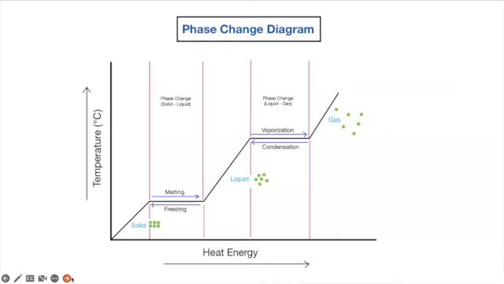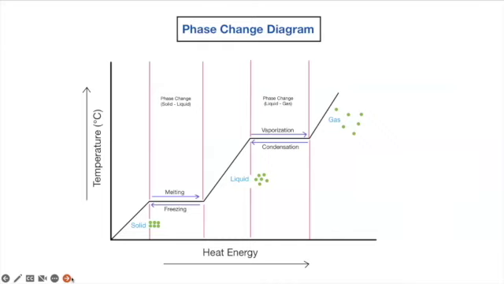It takes a little bit of time, and that's indicative of this plateau here, where it takes a little bit of energy. So the sun has to shine just a little bit more in order to change. The same happens from the liquid to the gas phase.